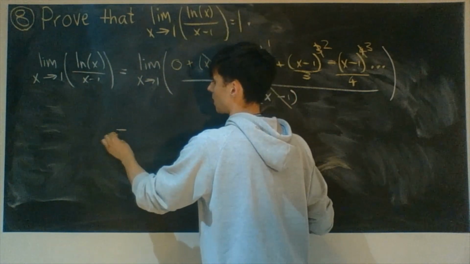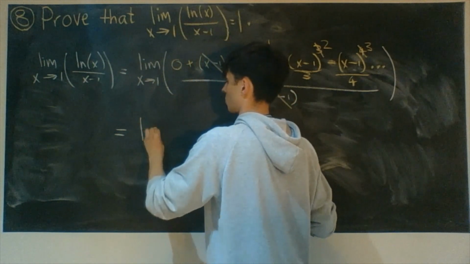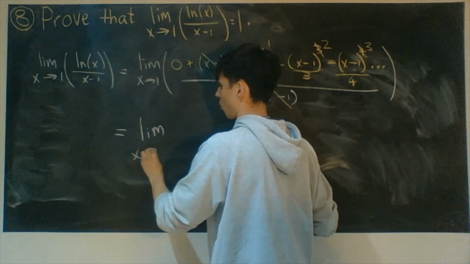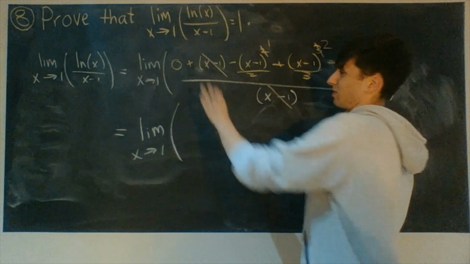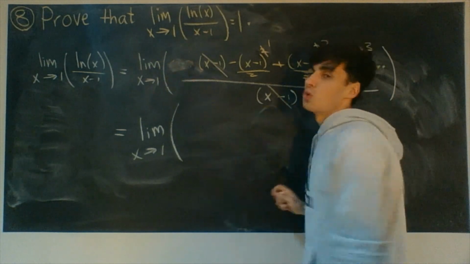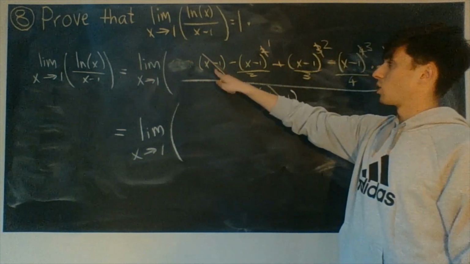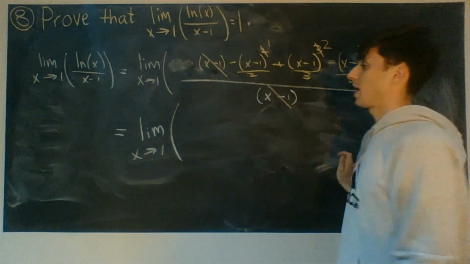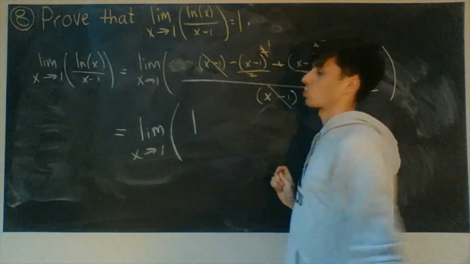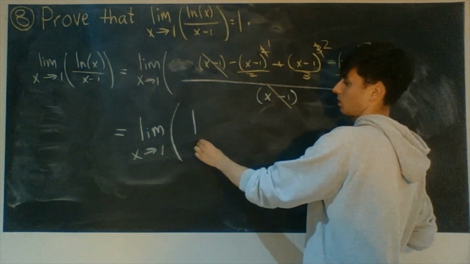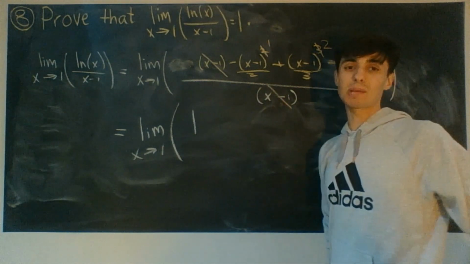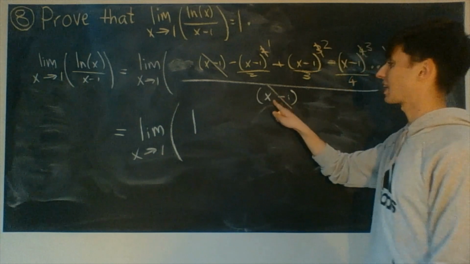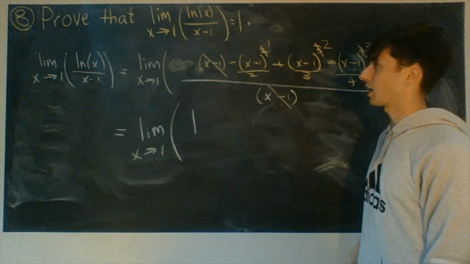So we've got the limit as x goes to 1. The 0, we could forget about that to begin with. It doesn't actually do anything for us. The x minus 1 over x minus 1 has just gone to a 1. We can forget about our denominator. That doesn't really matter to us either anymore because it's just 1 now. We cancelled out one lot of this brackets.